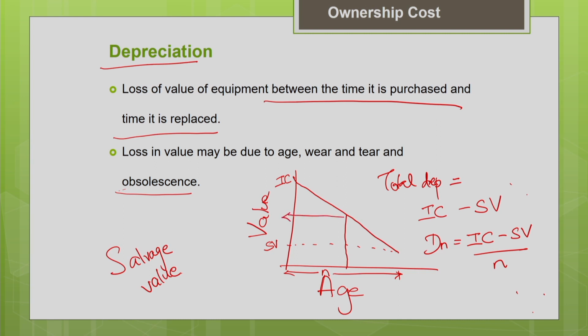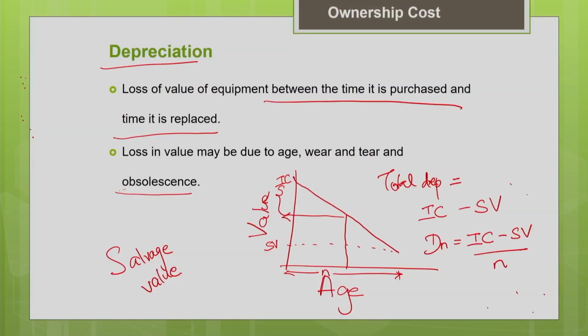We can calculate it if you know the initial cost and the accumulated depreciation over this particular period. If you know these two data, we can find the book value at a particular period.